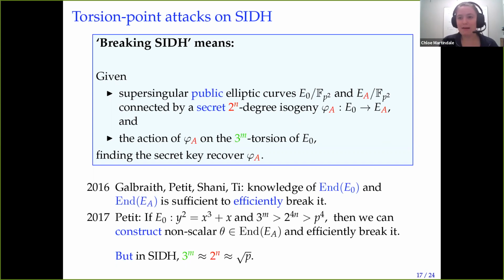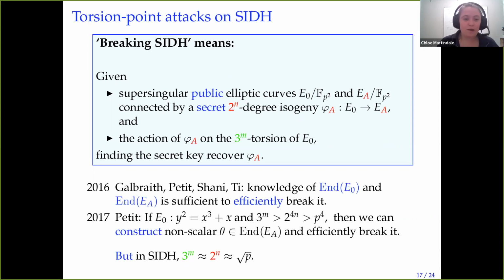So the way that you think about this is that Alice's isogeny is much, much, much shorter than Bob's, and they're both way, way longer than they need to be. So these are not very realistic assumptions, but these are the assumptions you need to use his methods to construct a non-scalar endomorphism and then use this attack of Galbraith, Petit, Shani, and Ti to efficiently break the scheme.